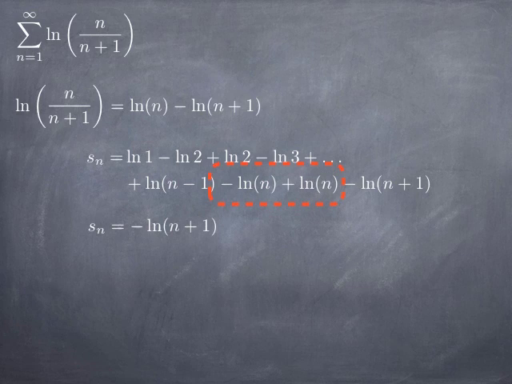So that means that the partial sum Sn simplifies as simply negative ln of n plus 1. But as n goes to infinity, ln of n plus 1 goes to infinity, and therefore the limit of the sequence of partial sums is negative infinity, which means that our series is divergent.